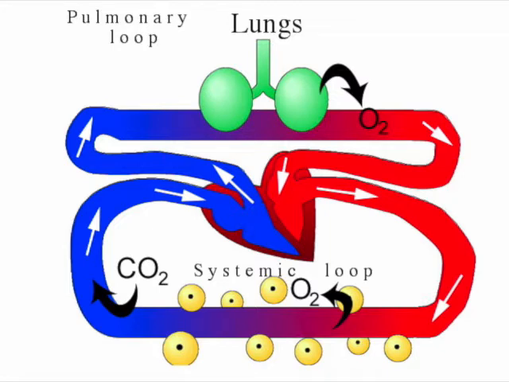Well, the blood has to get rid of that carbon dioxide, otherwise it would just become too saturated with it. And so that's also what goes on in the lungs. The carbon dioxide exits the blood there in the pulmonary loop and goes into the lungs, and what happens to it from there? Well, you get rid of it. It's a waste product. The body doesn't want it, and so every time you expire, you breathe out, you're getting rid of CO2 that just exited your blood.